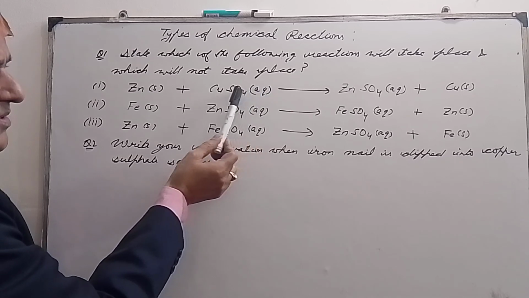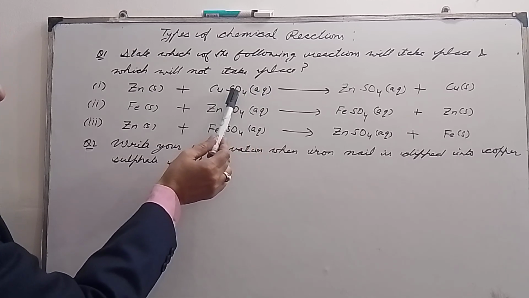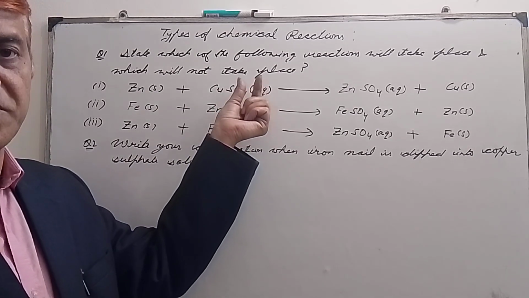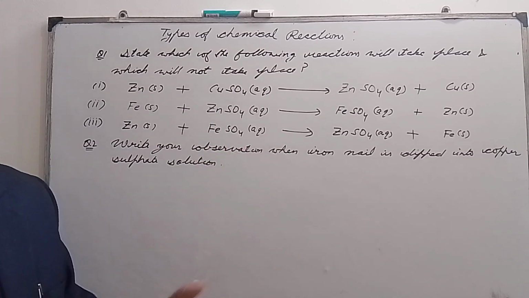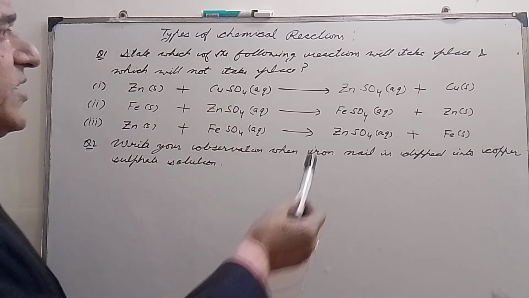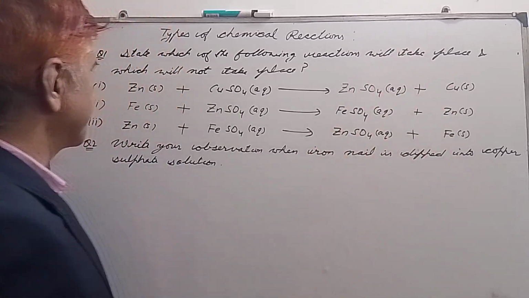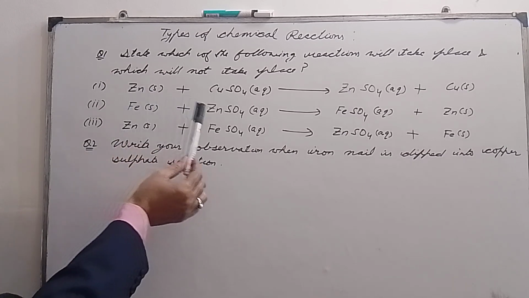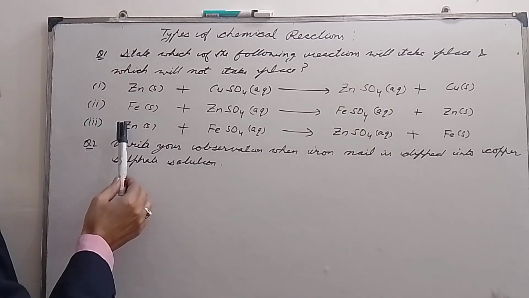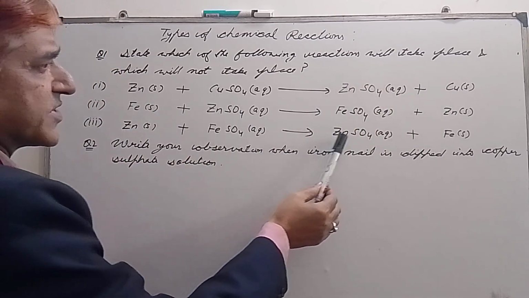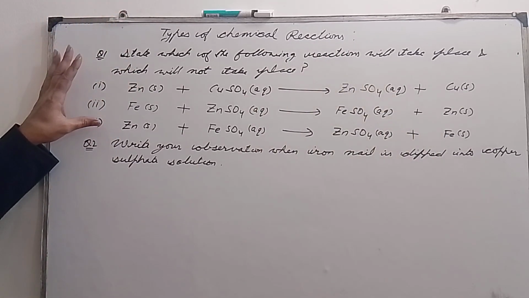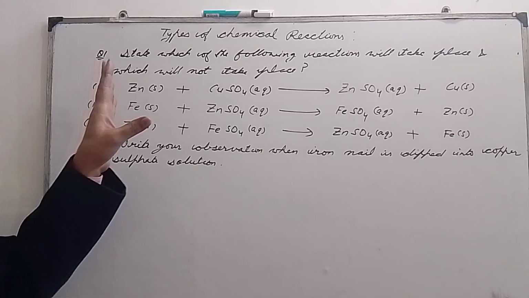Aqueous means a solution of copper sulfate in water. When a solid is dissolved in water, and water is the solvent, that solution is called an aqueous solution. So, zinc sulfate aqueous plus copper. Second is iron plus zinc sulfate gives iron sulfate plus zinc. Third is zinc plus iron sulfate gives zinc sulfate plus iron. So this is question number 1. You will do this question yourself.